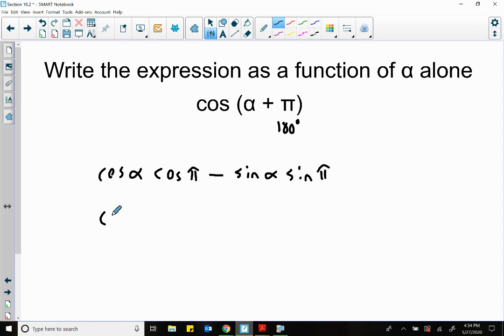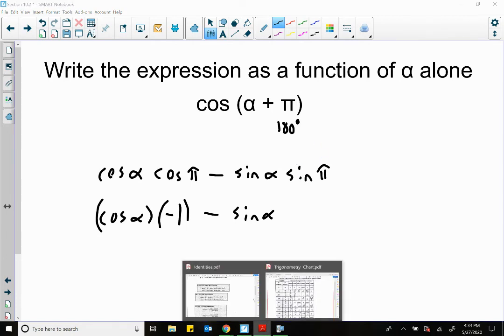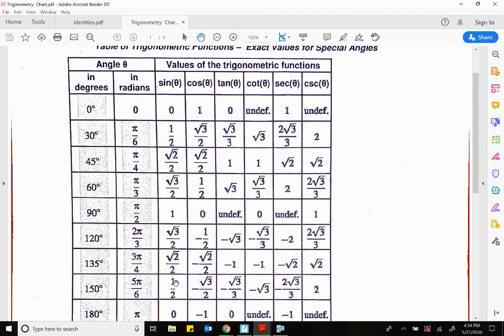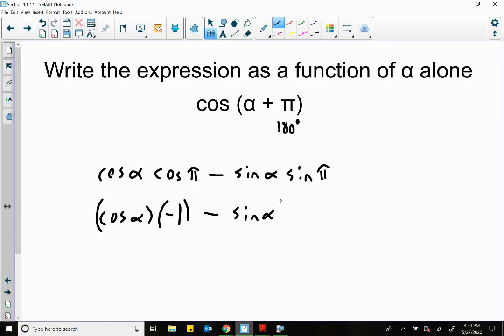So we've got cosine alpha times the negative 1, minus sine alpha, which stays because we don't know what it is, times sine pi. Sine pi is 0. So we're taking sine alpha times 0.